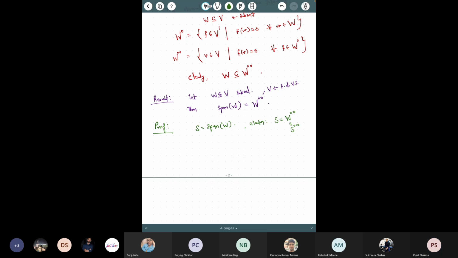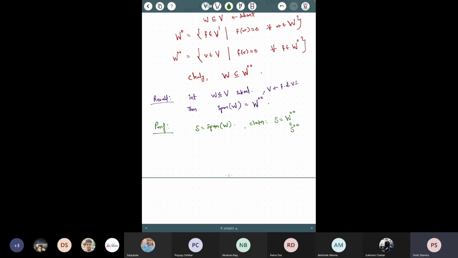What can you say from the observation? W is a subset of W double annihilator always. Then the span of W is also a subset of W double annihilator, because W double annihilator is a subspace.